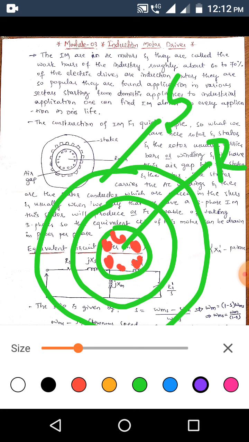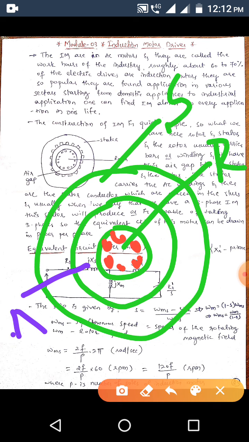So we can observe this. We have the air gap here, so simply I write it as AG. AG is nothing but the air gap in between the stator and the rotor here.